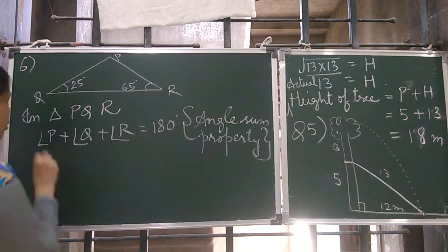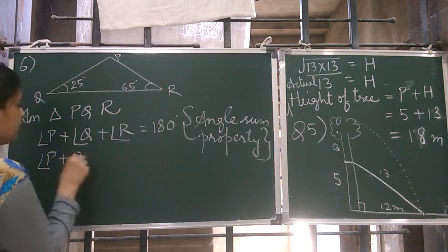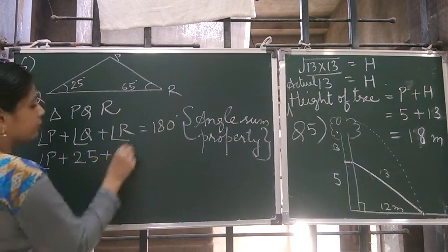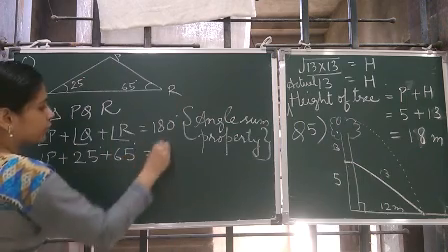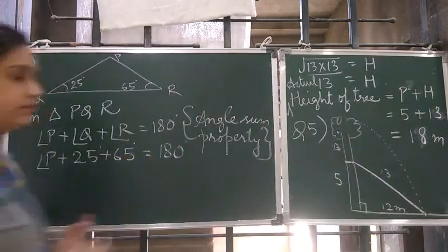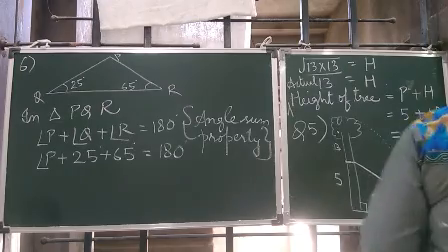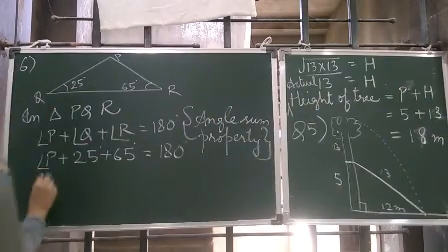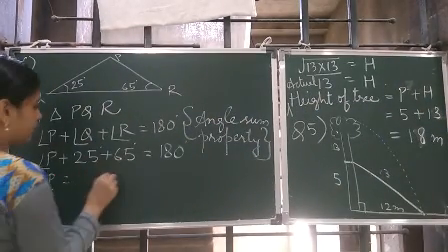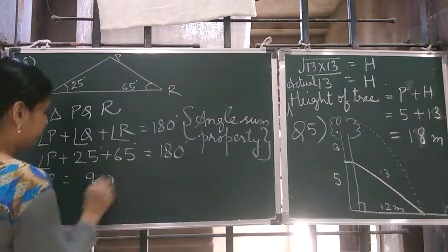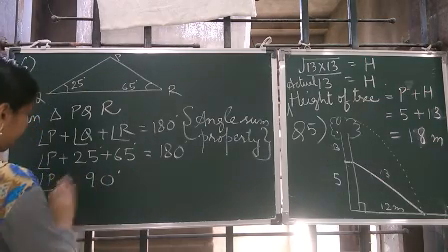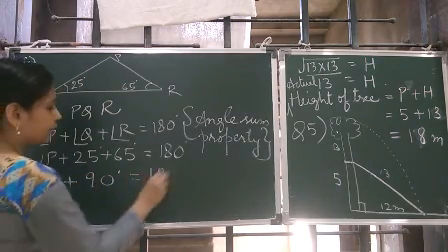We put the values of Q and R: 25 plus 65 plus angle P is equal to 180 degrees, that is, 90 degrees plus angle P is equal to 180 degrees.